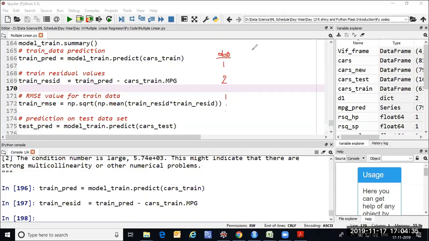And for each observation, you will have an error because there will be a difference between the actual values and predicted values of the output variable. You'll have error for the first observation, error for the second, and so on, right?